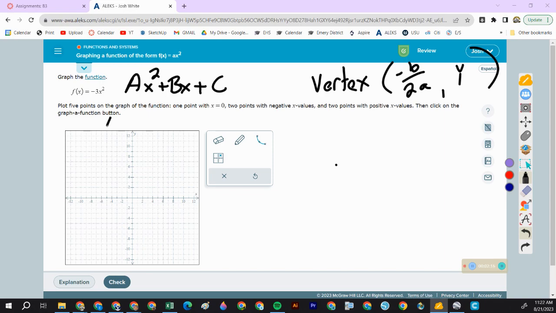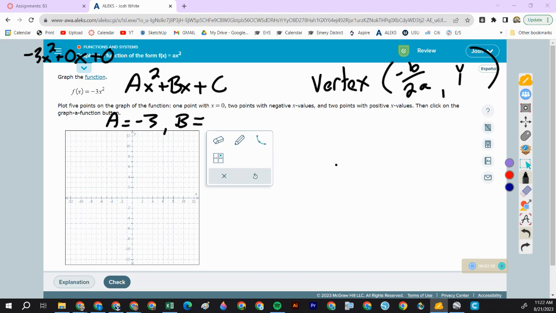So in this case, a is negative 3. What's b? What's the b term, the b value in this quadratic? There isn't one, right? This equation is negative 3x squared plus 0x plus 0.